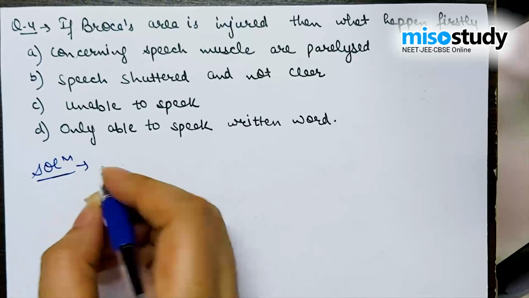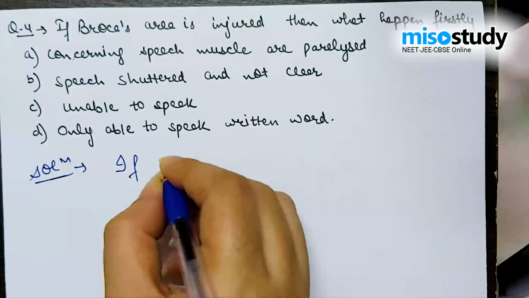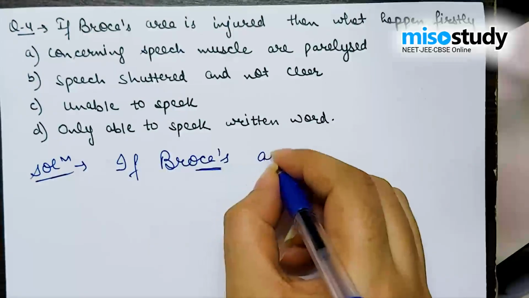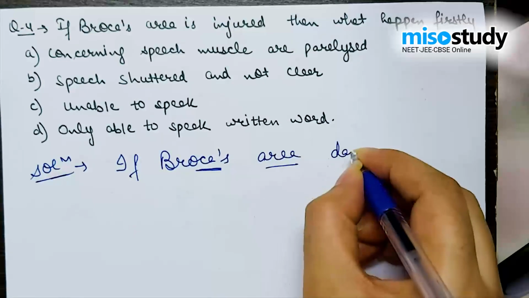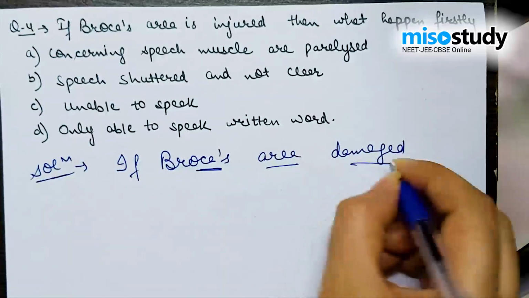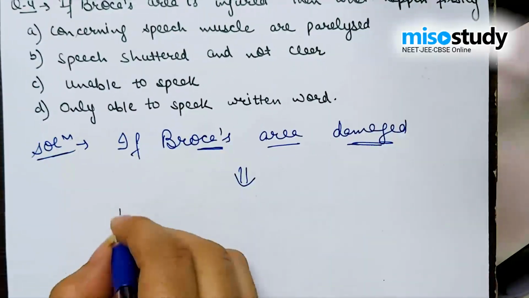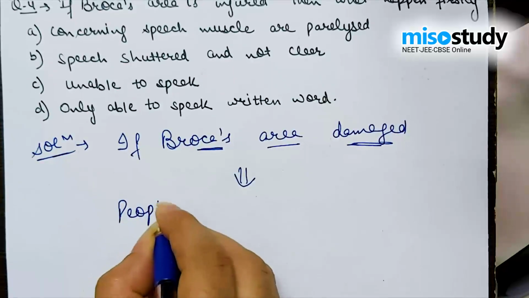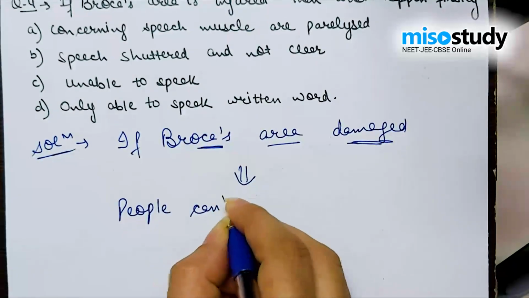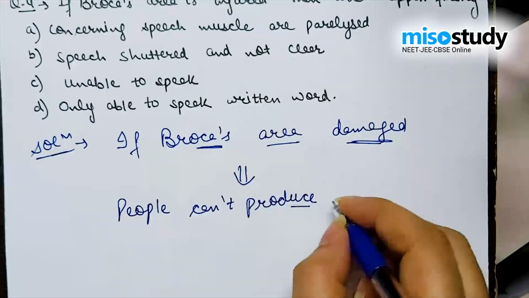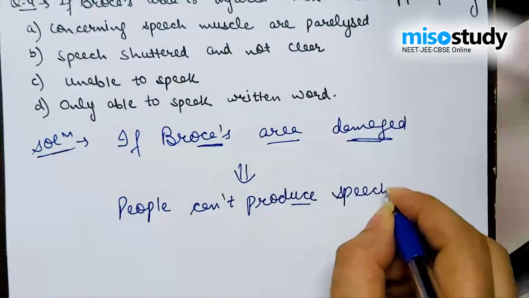We all know that if Broca's area is damaged, then people can't produce speech.